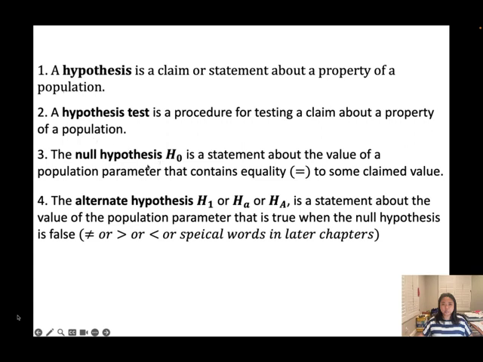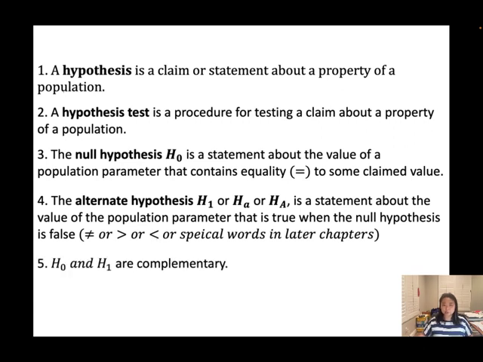I want you to remember that for the null hypothesis, we use H0. The alternate hypothesis will use either H1 or HA. In my case, I usually use H1 for the alternate hypothesis. For the alternate hypothesis, we always use not equal, strictly greater than, or strictly less than.